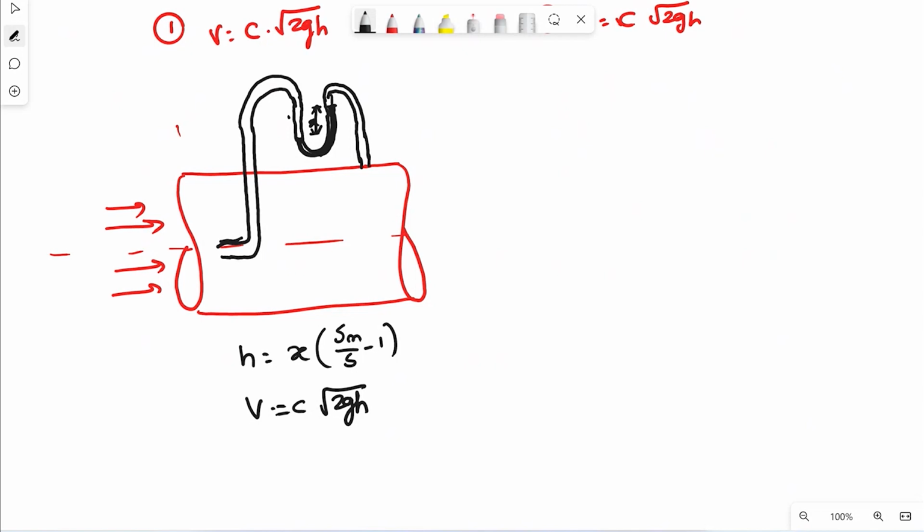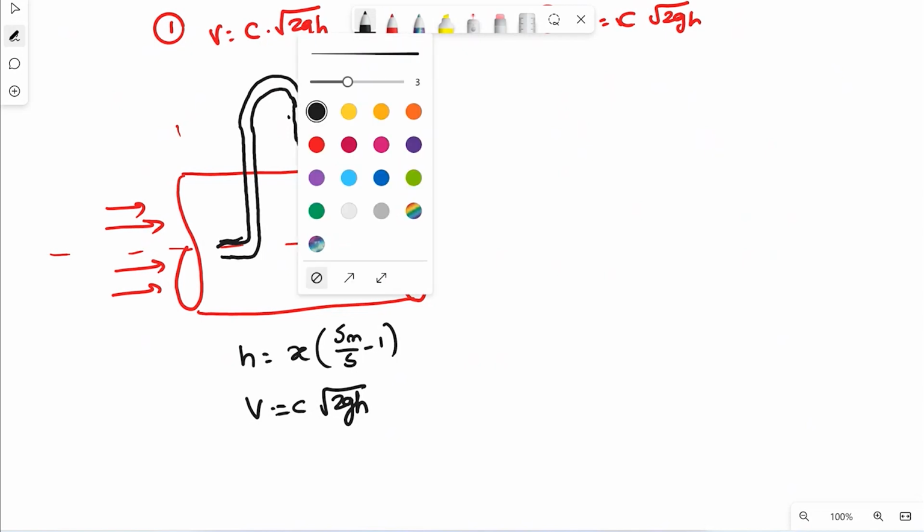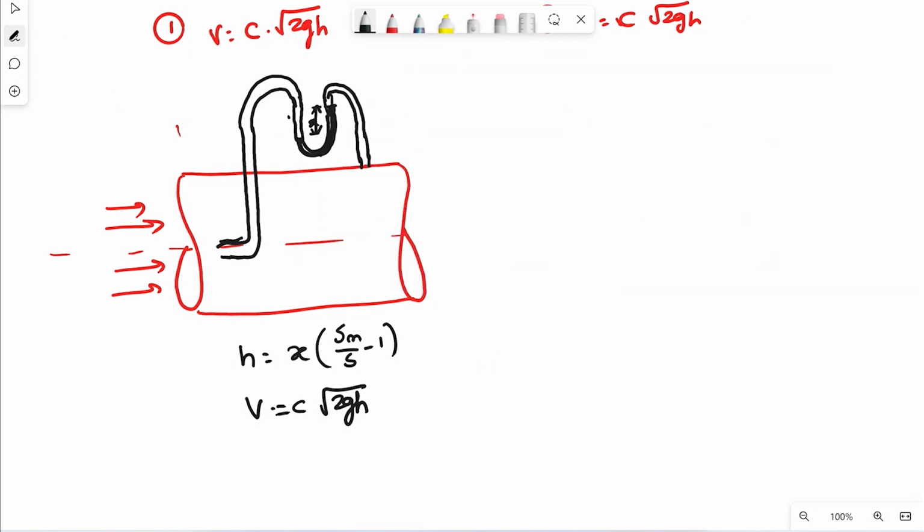But the most popular one is the final one, the pitot static tube. The pitot static tube consists of two concentric tubes.